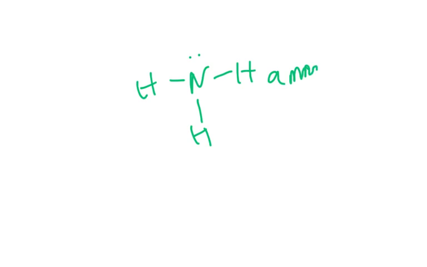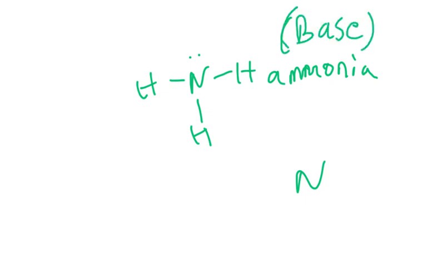Now, another thing we should know that'll be useful in future videos when we're talking about reactions is that this molecule right here, if we drew 3 hydrogens with a lone pair of electrons on nitrogen, this would be called ammonia. And if this ammonia gains a proton, because ammonia is a base, and what do we know from our general chem playlist is that bases accept hydrogen protons.